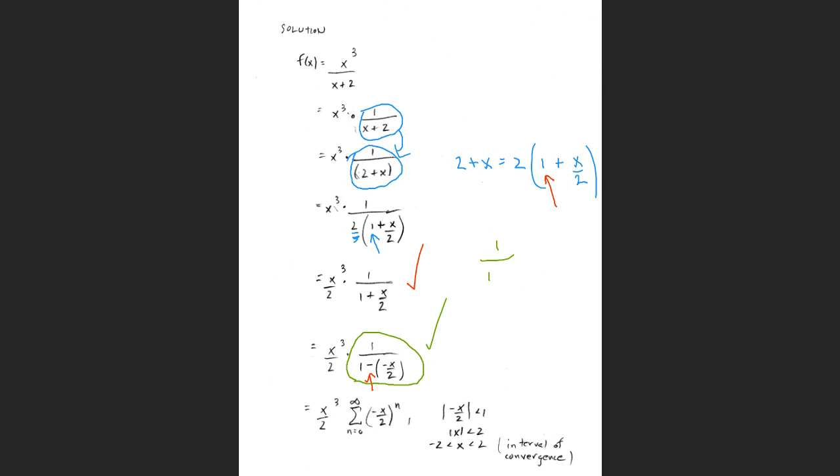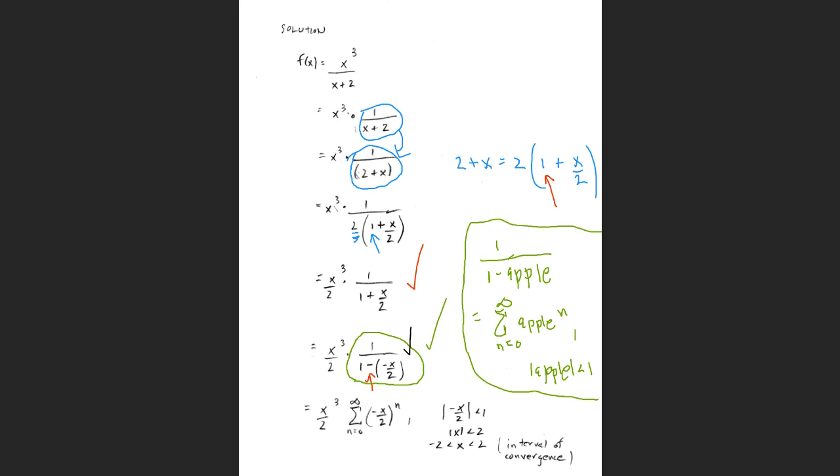Because remember, 1 divided by the quantity 1 minus an apple is equal to a geometric series with common ratio of an apple.